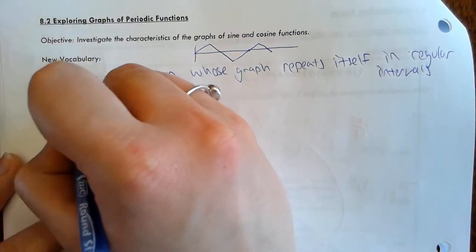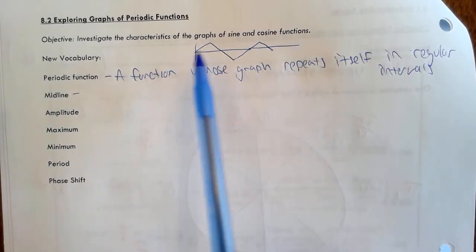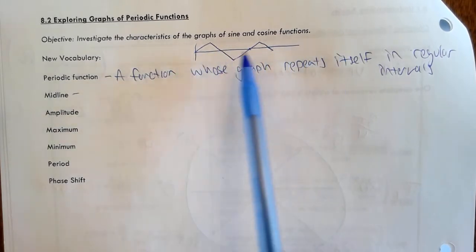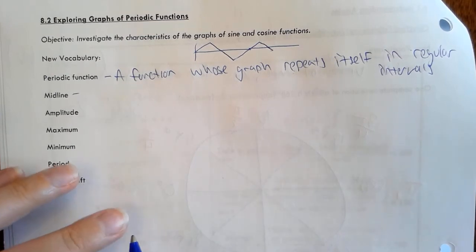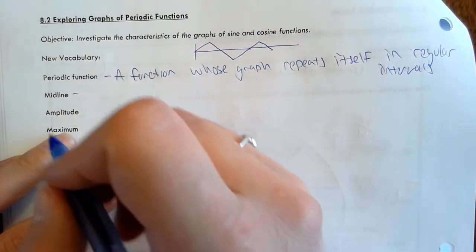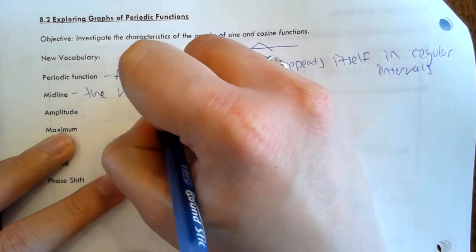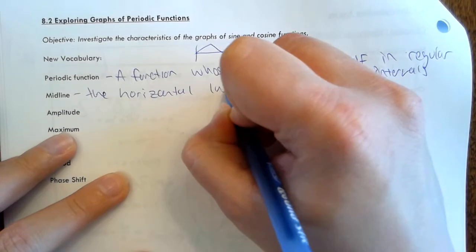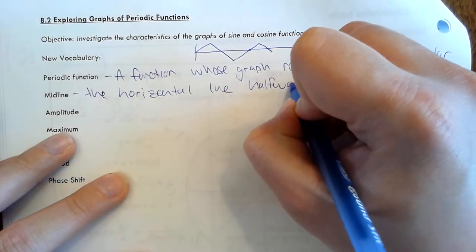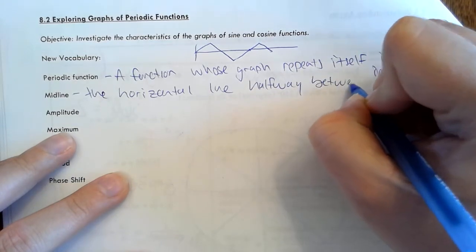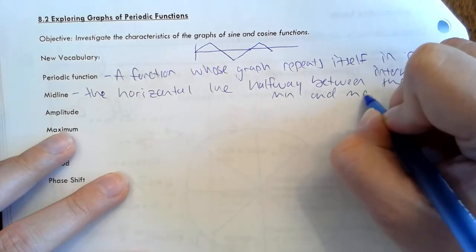Okay, midline. Midline is a horizontal line that's kind of halfway in between this thing. And P.S., if you take physics, you'll definitely be talking about these things there as well, especially when you're talking about waves. So the midline is the horizontal line halfway between the min and max.